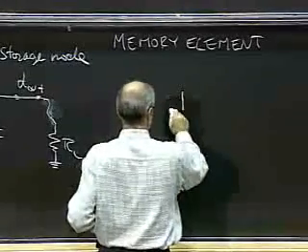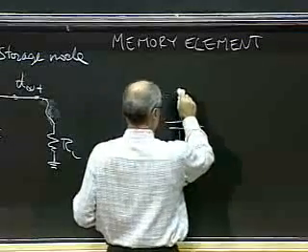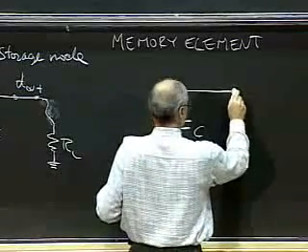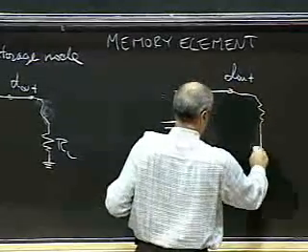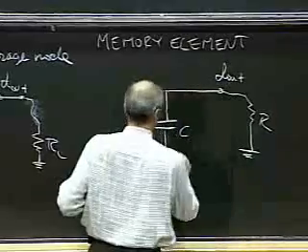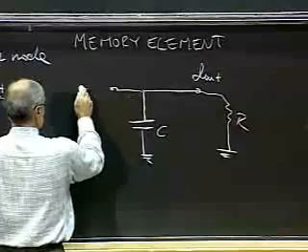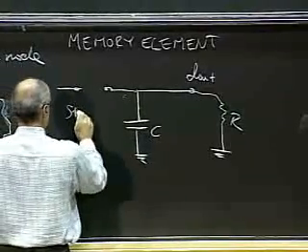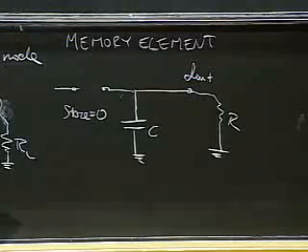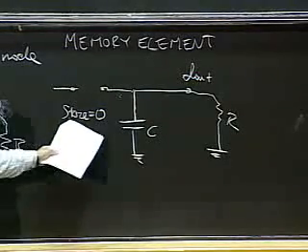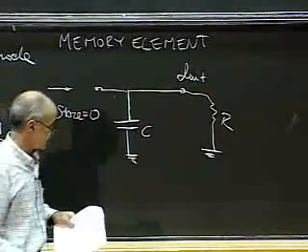Okay? Now what is the situation for store equals 0? It's very simple. We have the capacitor, C, and the out, and here we have our resistance, okay? The switch is open. This is store equals 0 condition. So what we have in this case is a problem similar to what I was discussing earlier.